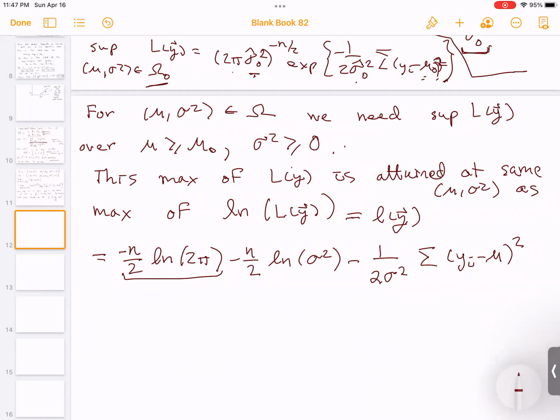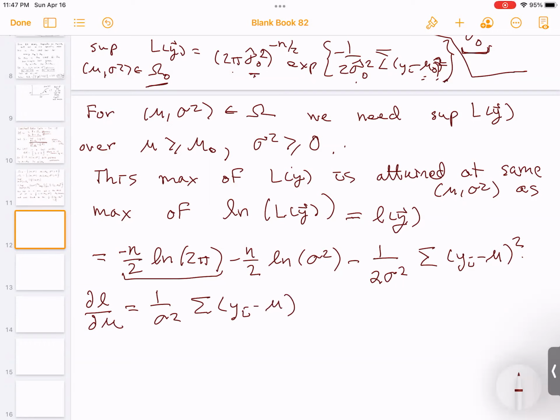So to maximize this, I do want to take partial derivatives. I need to be a little careful at one point. So let's find the partial derivatives now. dl d mu: the first two terms are 0, right? And in the next term, the 2 comes down and a negative comes down. So I get plus 1 over sigma squared, and then the sum of yi minus mu.